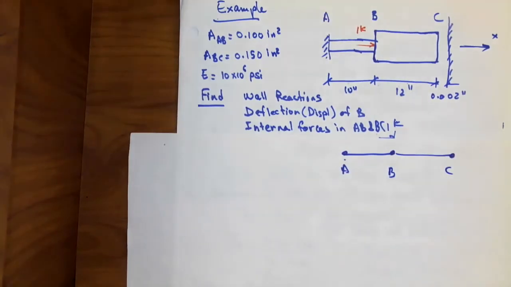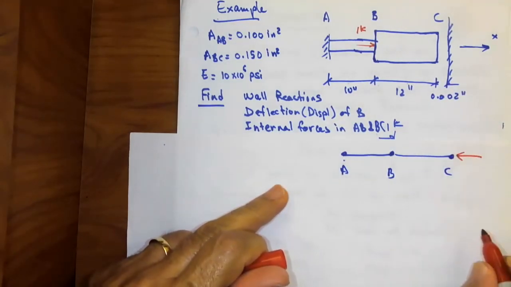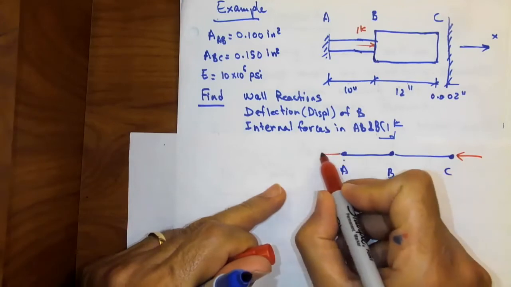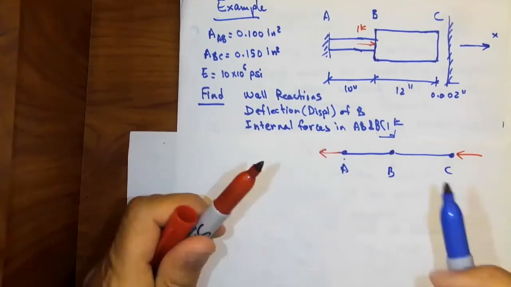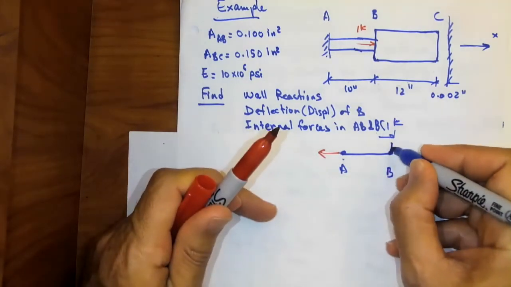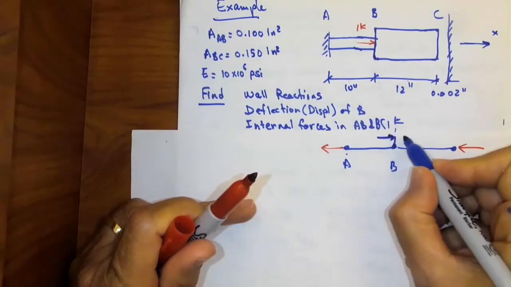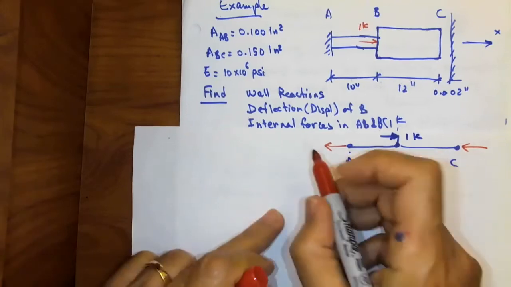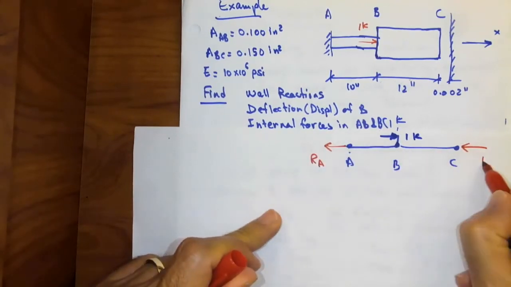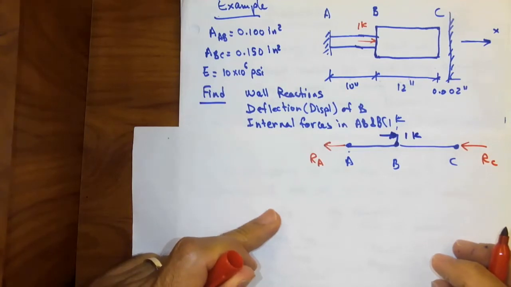I expect this wall at C to push back, and this wall at A to hold AB, because there is this 1K applied here. So I'm thinking of this as RA and this as RC. From statics, we learned how to write equations of equilibrium.